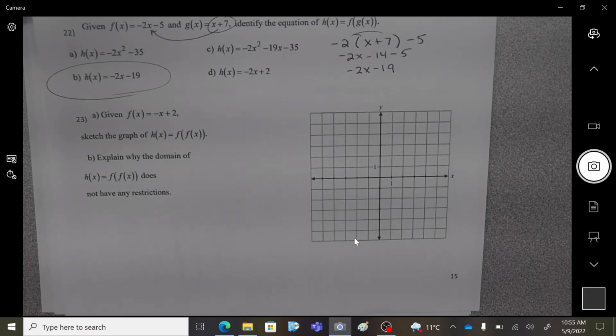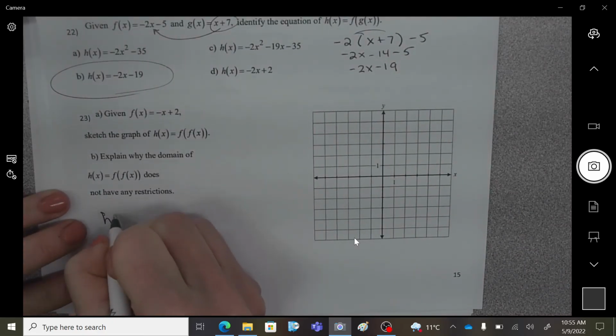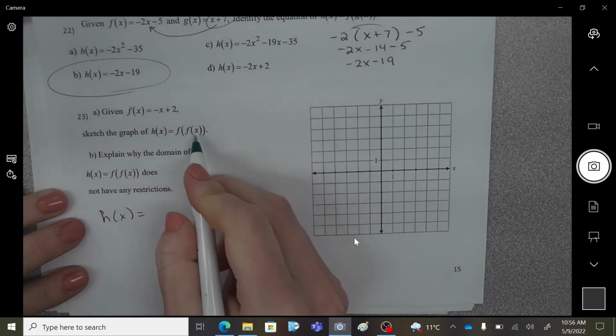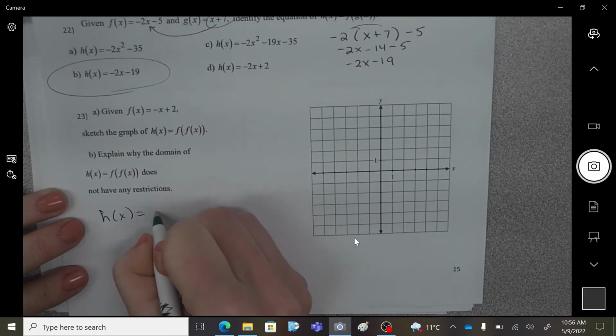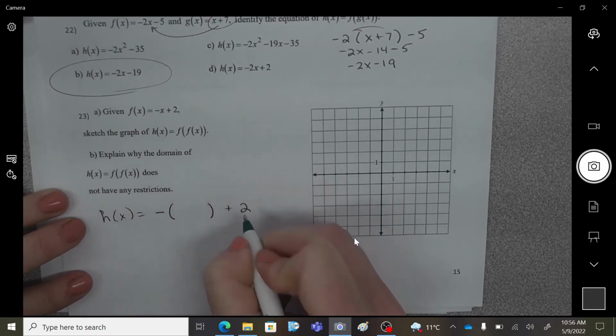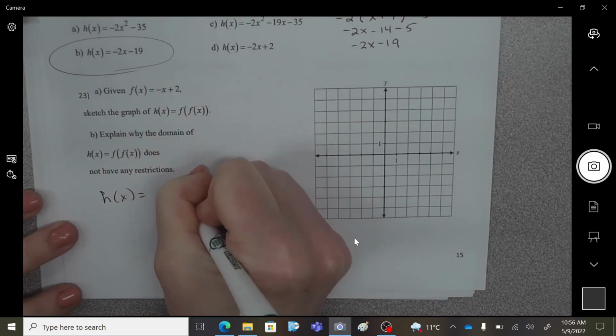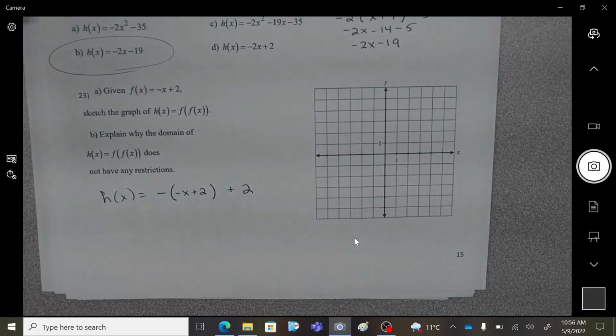Okay, given the f function, sketch the graph of f of x. Okay, so h of x equals, I'm going to put that back into itself. So negative input plus 2. So that's how I'm saying I'm replacing the x, and I'm replacing the x with the function.